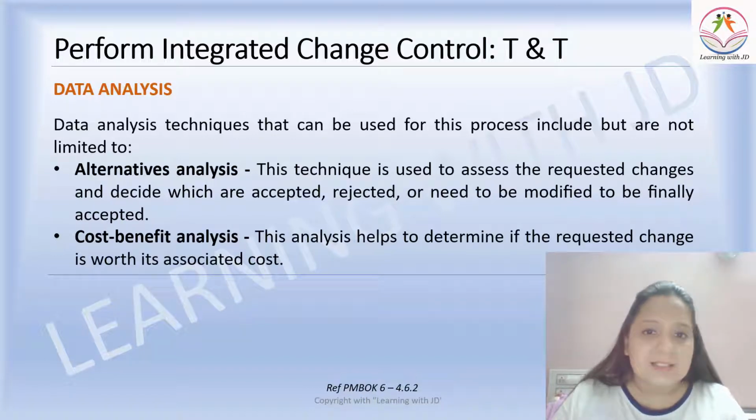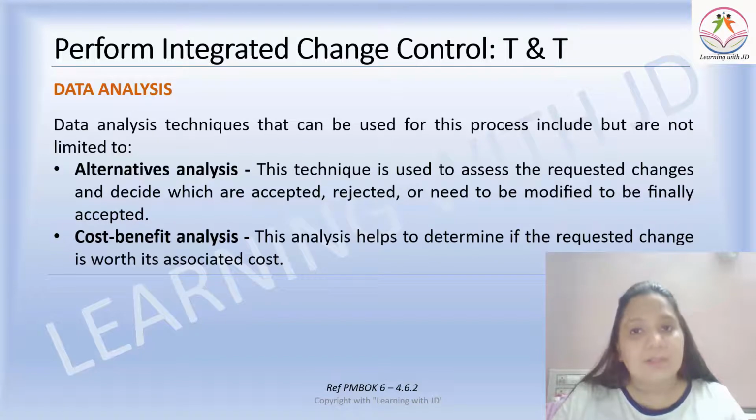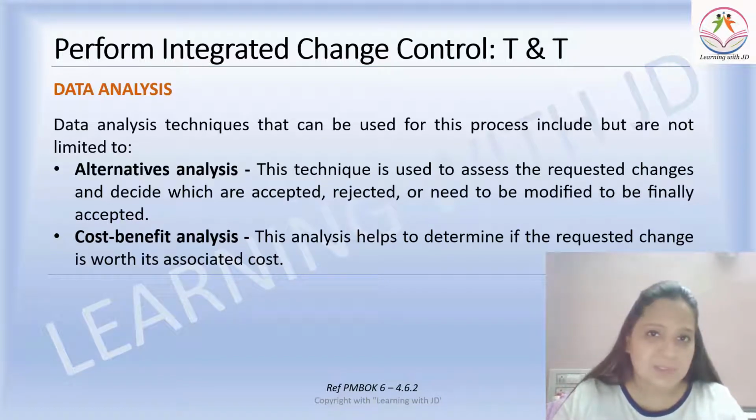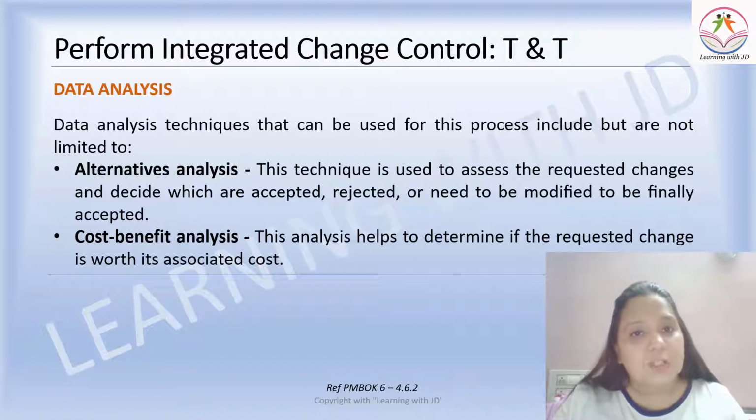So alternatives analysis, we have already spoken about this previously. This technique is used to assess the requested changes and decide which are accepted, rejected, or need to be modified to be finally accepted. Again, the cost benefit analysis comes when the matter is associated with cost.